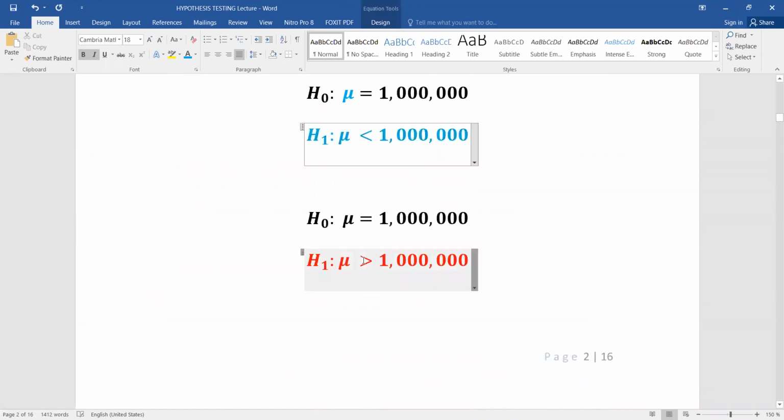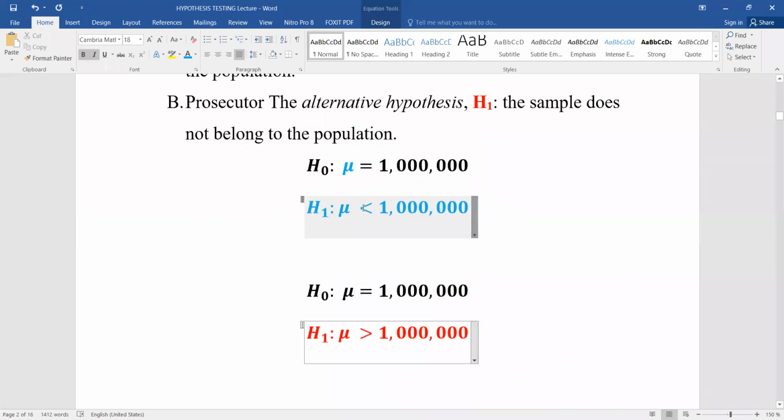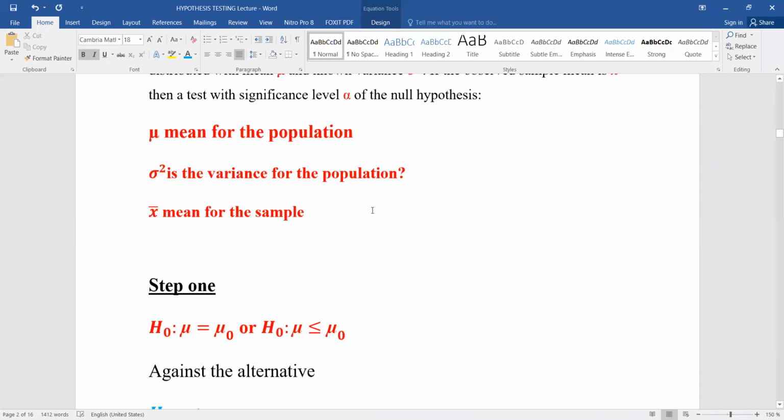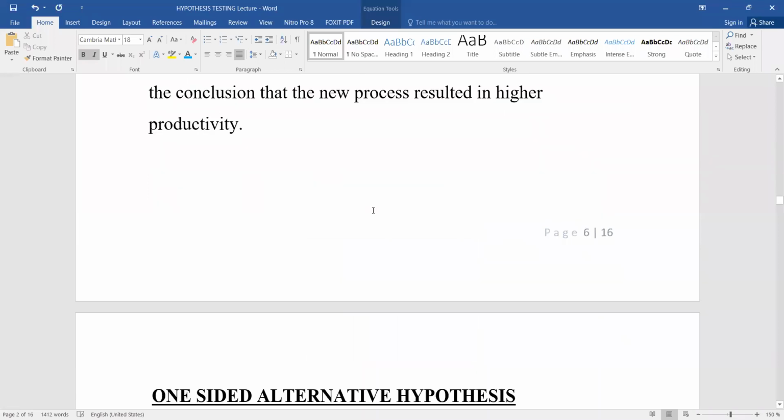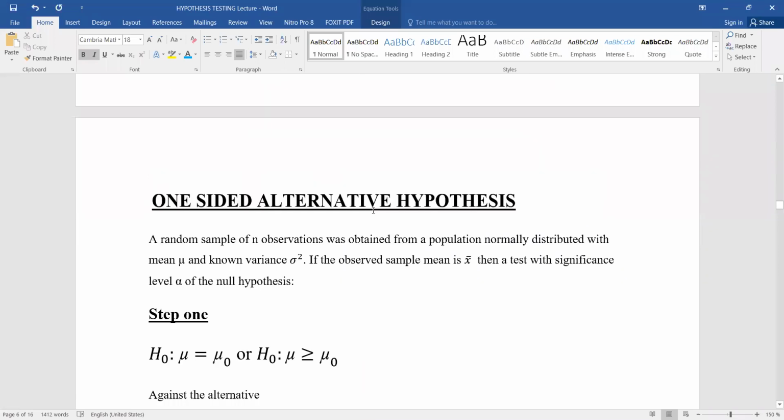So we have completed this bit when the alternative is greater than. So we are going to look at when mu is less than. So we shall go back and look at another example. And still, this is one-sided. Both greater than and less than are one-sided.